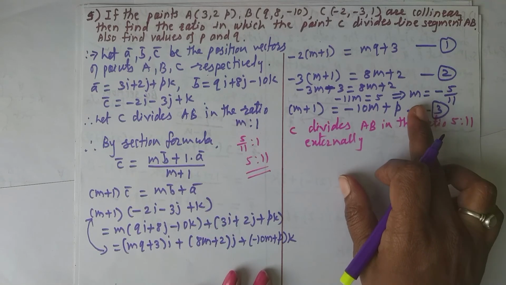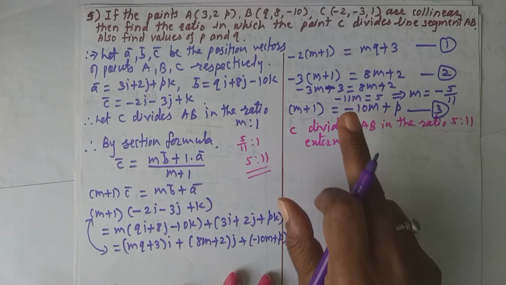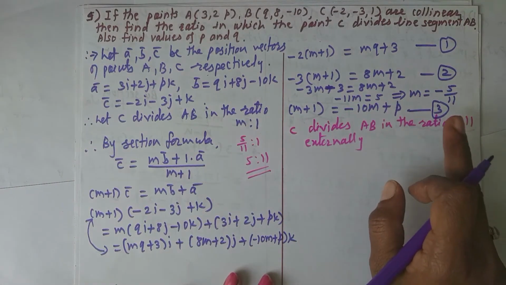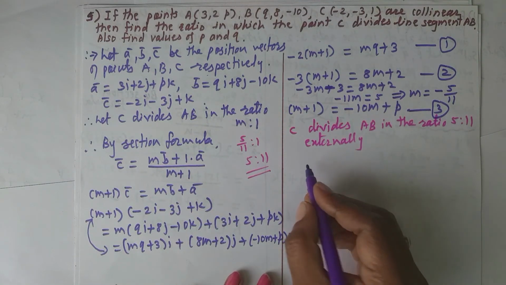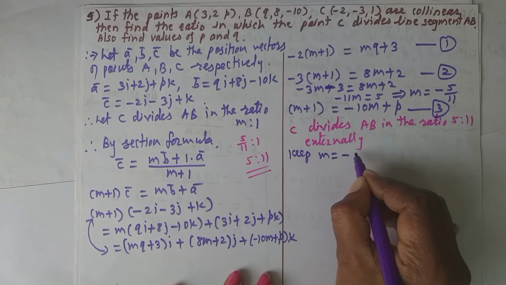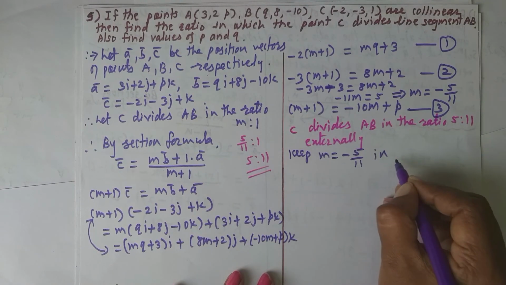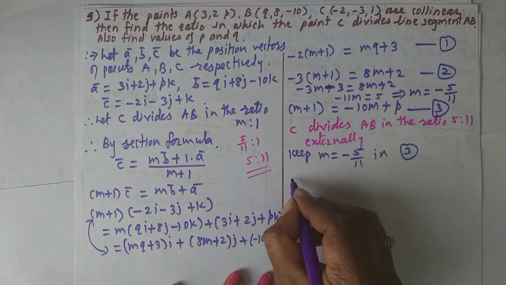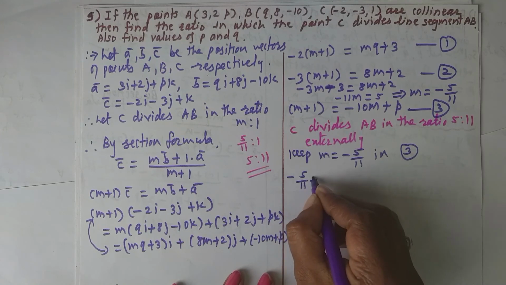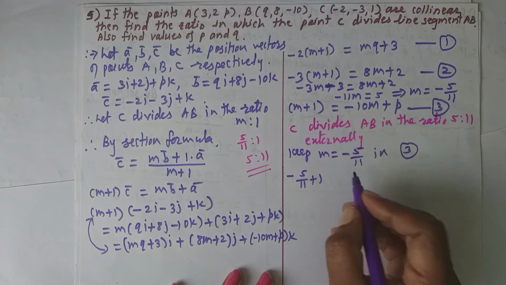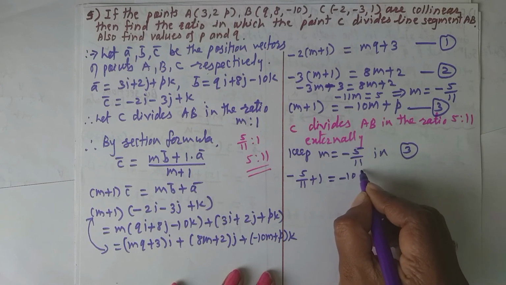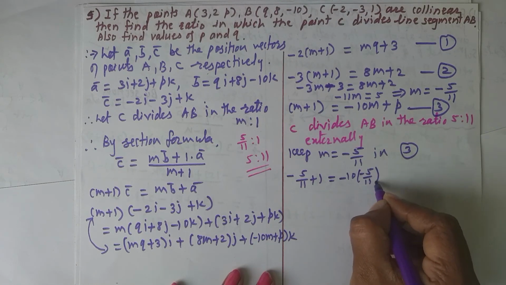Now I will keep the value of m in equation 1, then I will get the value of q, and if I keep the value of m in equation 3, then I will get the value of p. Okay, now keep m is equal to minus 5 by 11 in equation 3, then this will be (minus 5 by 11 plus 1) equal to minus 10 times minus 5 by 11 plus p.